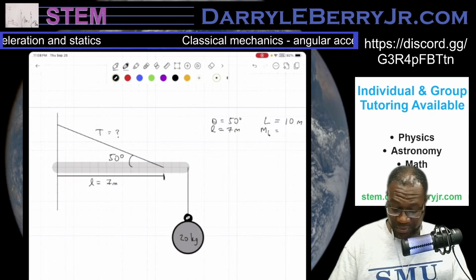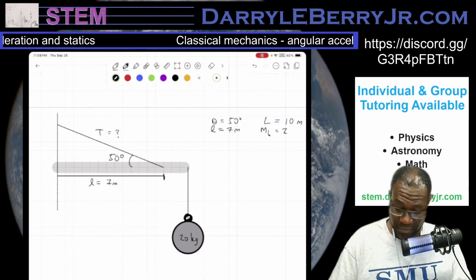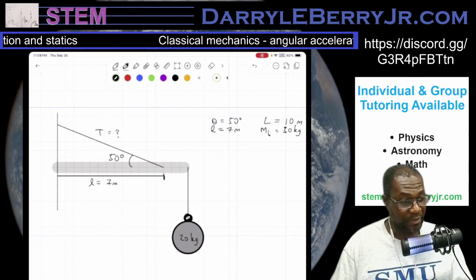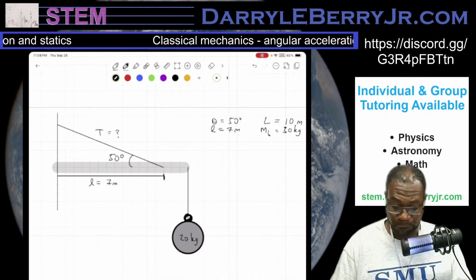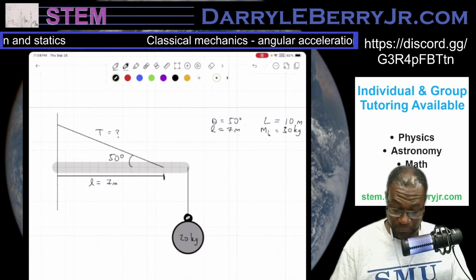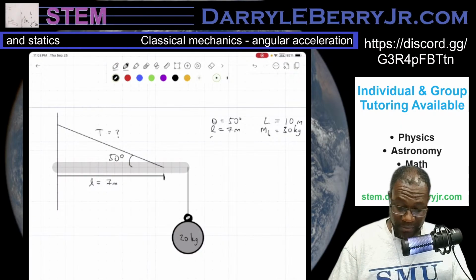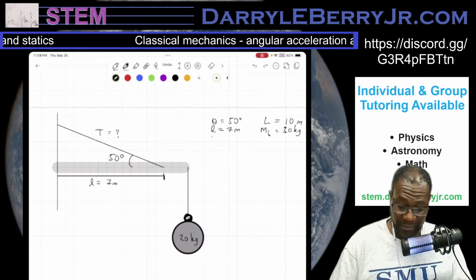Let's say the mass of the beam is 30 kilograms. So the mass of the actual thing that's attached to the wall. Let's say the mass that's hanging, we have that down. That's 20 kilograms.